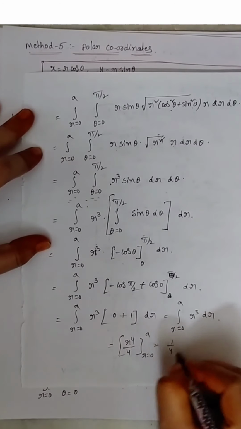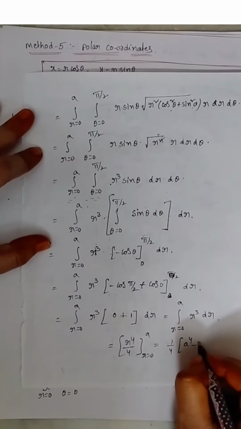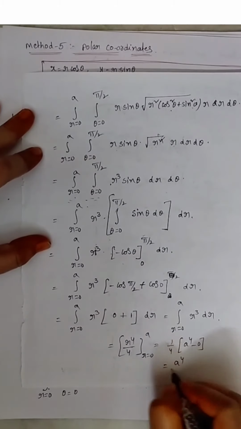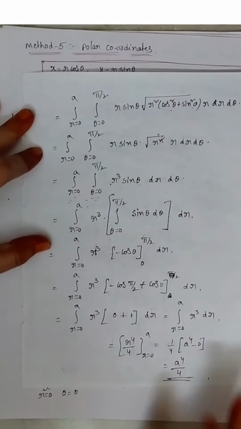Substitute upper limit minus lower limit: a power 4 minus 0. This equals a power 4 by 4, which is the answer.